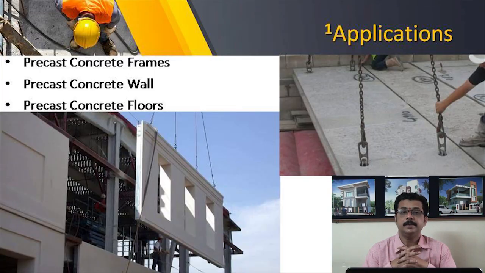The next application is precast concrete floor construction. Now these floors can be manufactured in 4 ways: first with hollow core, second ribbed floor, third as concrete roofing elements like Mangalore tiles, and fourth massive slab floors, our regular solid slab. Okay, so if these precast concrete floors are available in these 4 ways, these units can be taken directly to the site and installed.